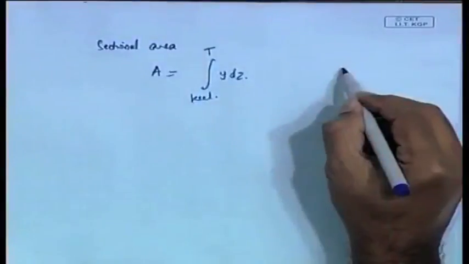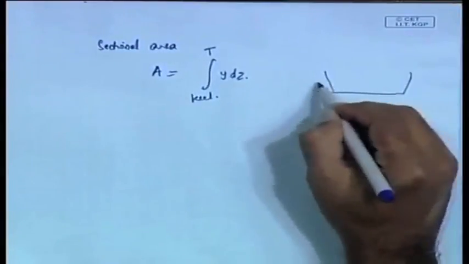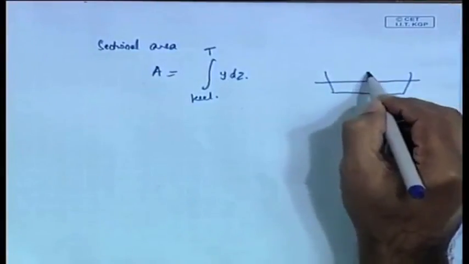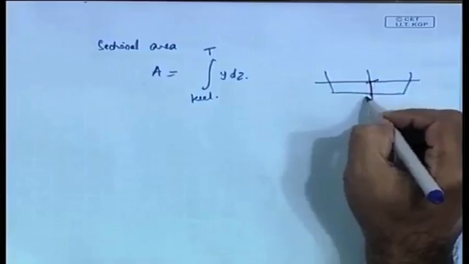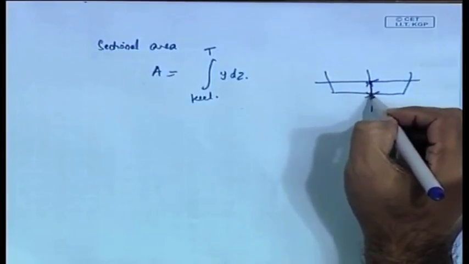Sectional area is the region under the water line of one particular station. So, here you are summing up the area from the bottom, the baseline, to the water line. So, if you have a ship like this, water line like this, this is a particular station, and you are summing up the area for this particular station.